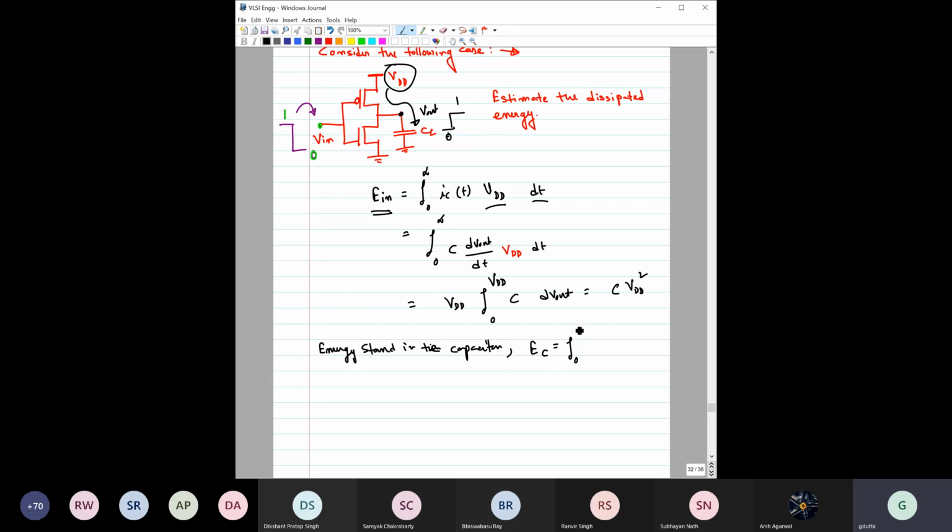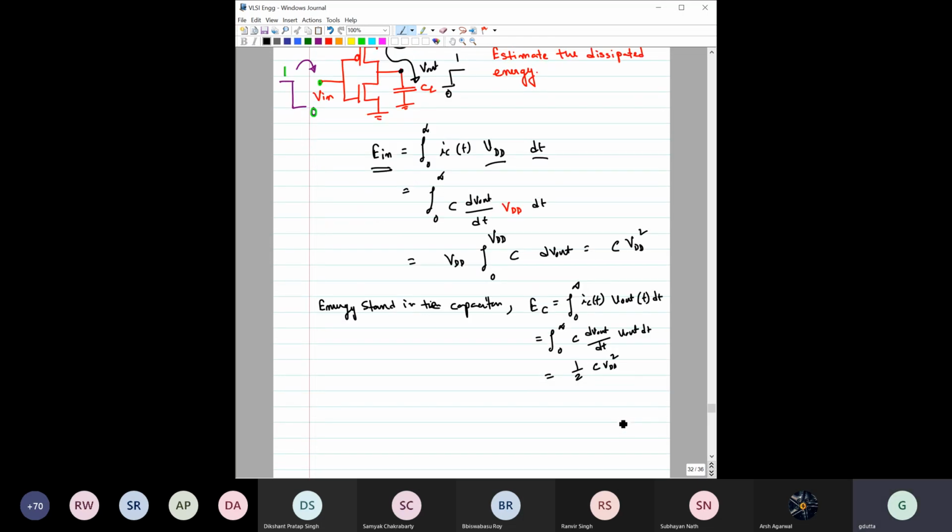Again, we can do integration 0 to infinity of IC of t times V out of t dt. So here, if you put C dV out by dt, and here V out dt, if you calculate, it would become half C V square. Is this fine to you?